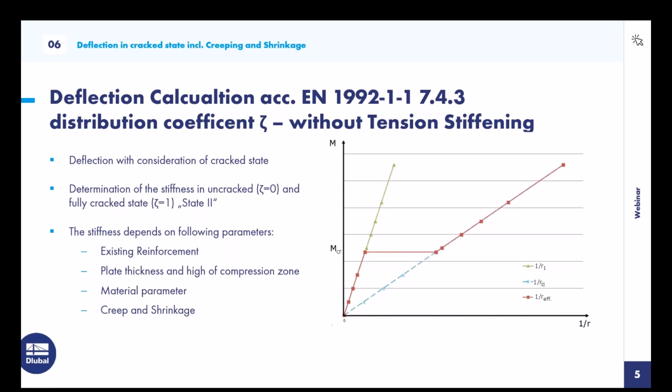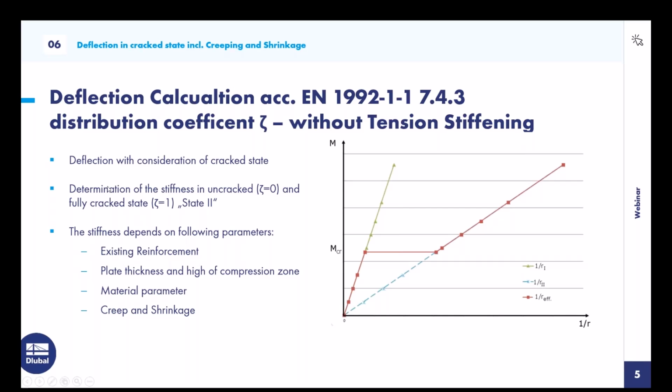This is the deflection calculation according to Eurocode, chapter 7.4.3, and this is based on a distribution coefficient theta. And here's explained how the calculation would work without tension stiffening. This would mean the deflection is based on the consideration of a cracked state.